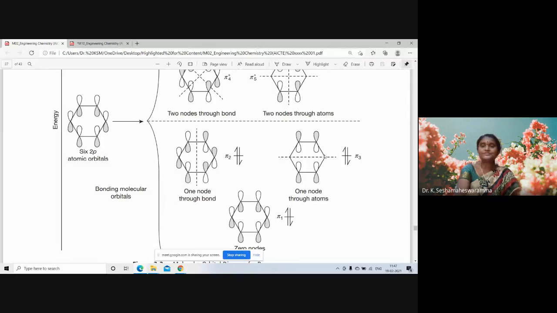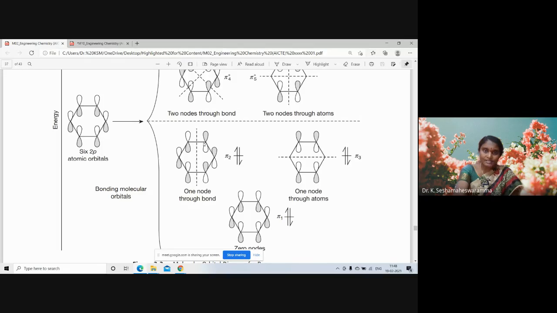So you can clearly observe, this is through atom, this is through bond. These two nodal planes have the same energy, pi 2 and pi 3. But one node is cutting through atom, another node is cutting through bond.